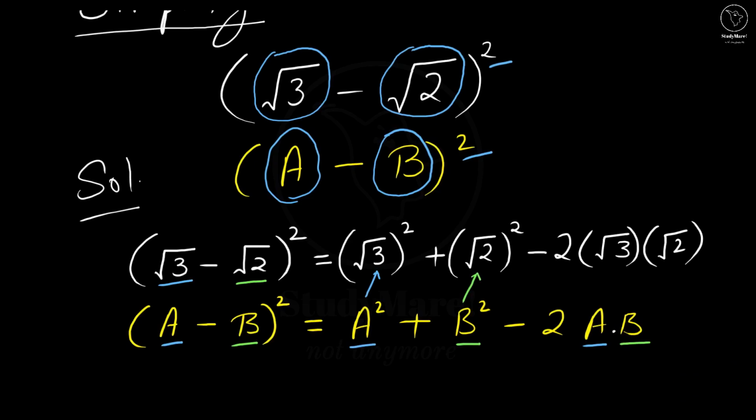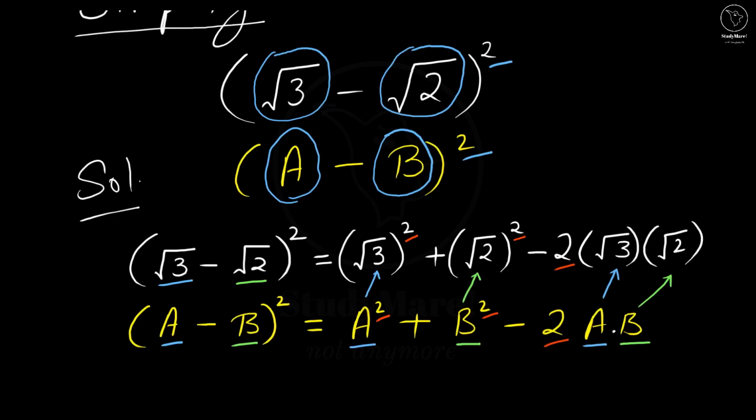Then 2 as it is, a root 3 and b is root 2. We have 2 over here, so 2 is here also, no change. And a and b already we have got the value.